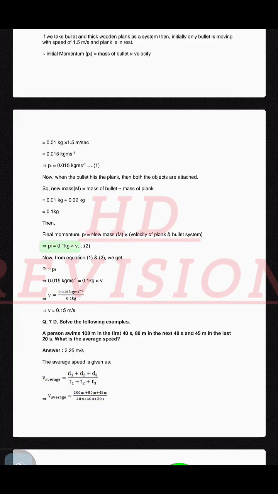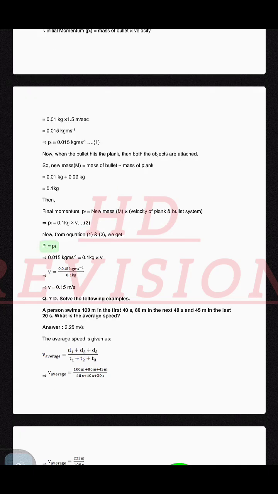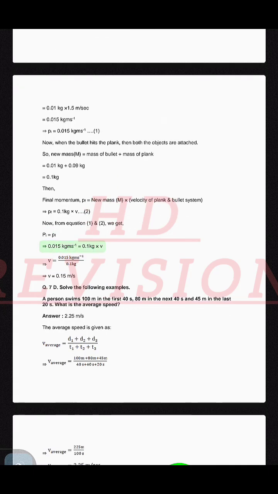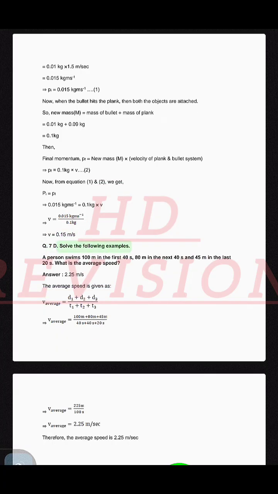Pf equals 0.1 kilograms times v. (2) Now, from equation 1 and 2, we get Pi equals Pf, 0.015 kg m/s equals 0.1 kilograms times v. v equals 0.15 meters per second.